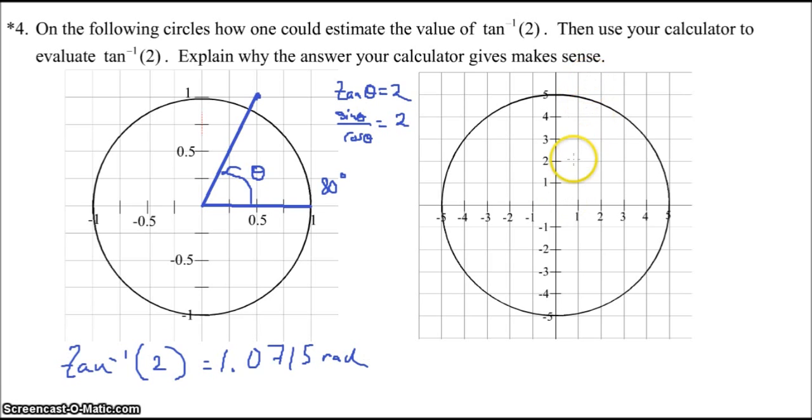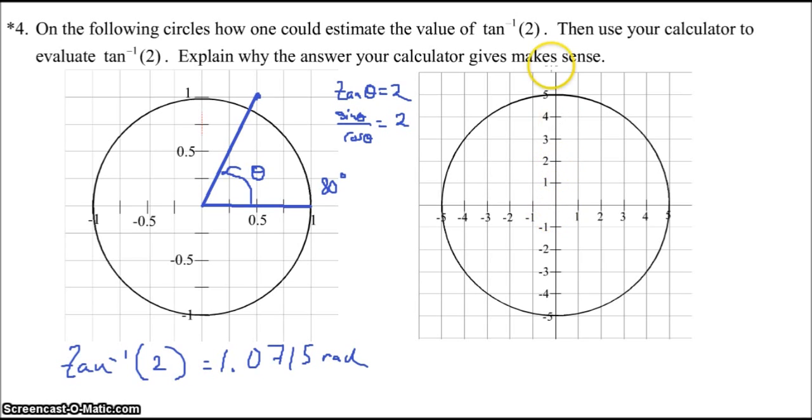It would be exactly the same for this one, but you couldn't think that you could just use a line with a slope of 2 units, because it has to be in terms of the radius. Like our slope, tangent theta, has to mean that for every 2 radius lengths we go up, we go over 1 radius length.